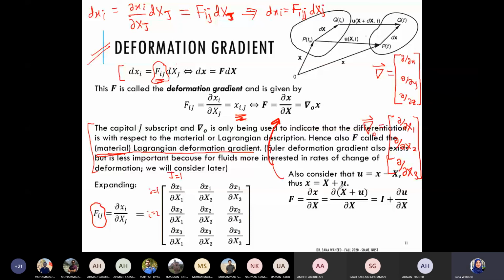So I can write this out. This is now my deformation gradient in terms of displacement. I will discuss this later on as well.